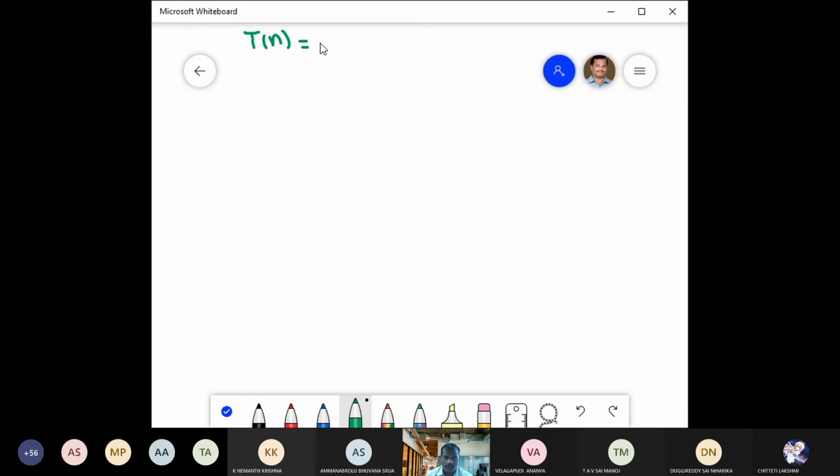So T of n is 2T of n by 2 plus n log n. So it is in the form of a into T of n by b plus f of n. Yes or no?